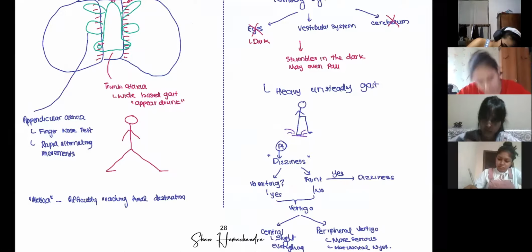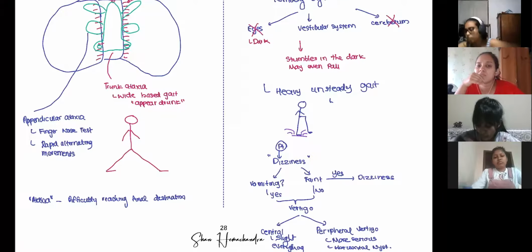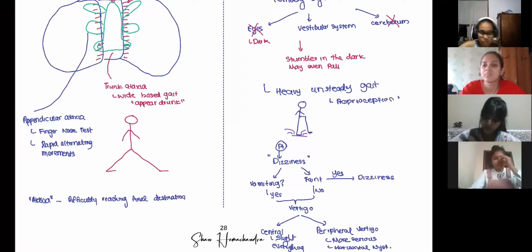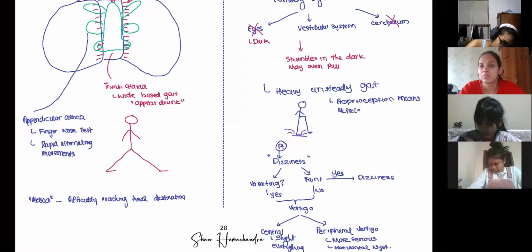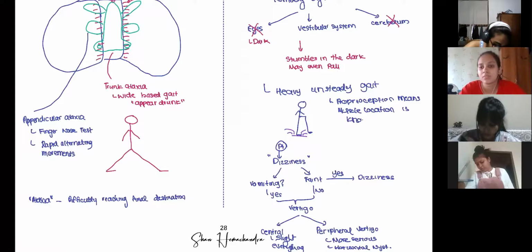See, remember, proprioception means a map of exactly where the muscles are at one point. The muscle location is known perfectly.